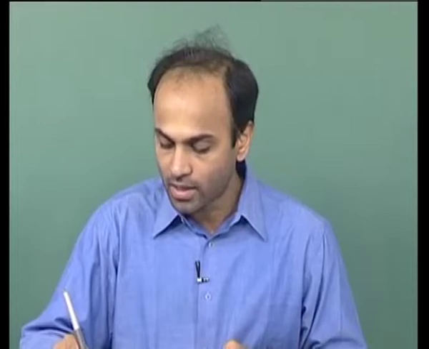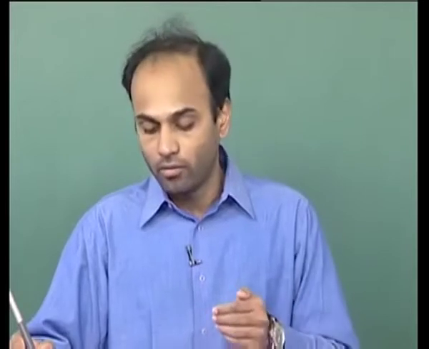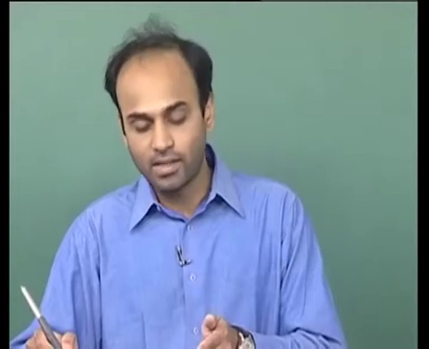Now, if you glance at the term in the bracket, this is some complex signal, the term in the inner brackets is a complex signal that is multiplied by e^(j 2 pi f_c t), which is the carrier term. And now, we know from the complex baseband passband representation that this is essentially the complex baseband received signal.